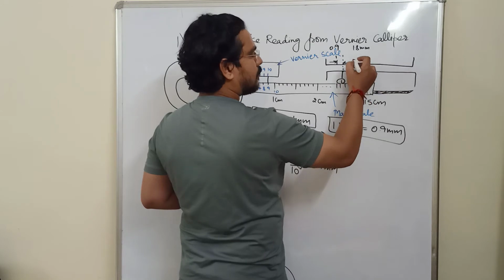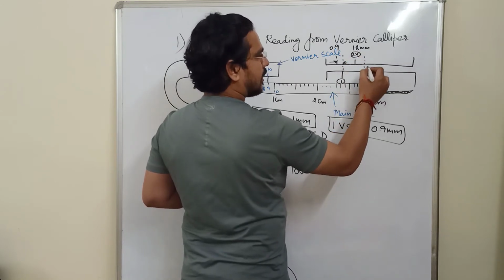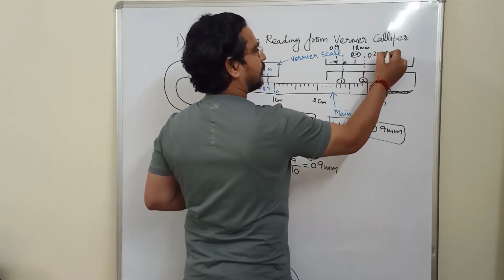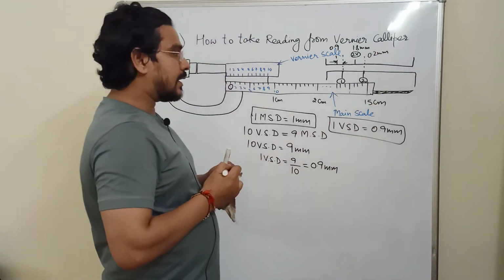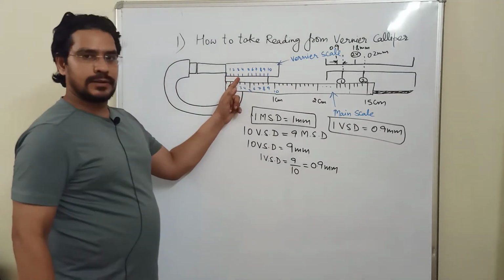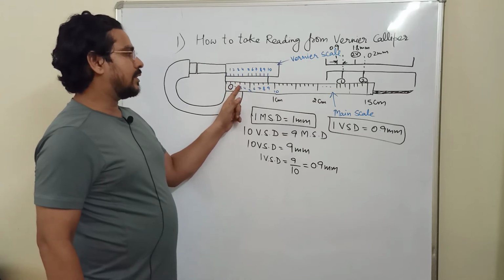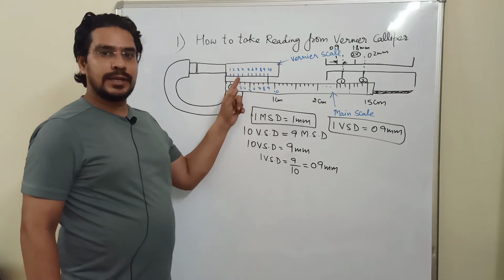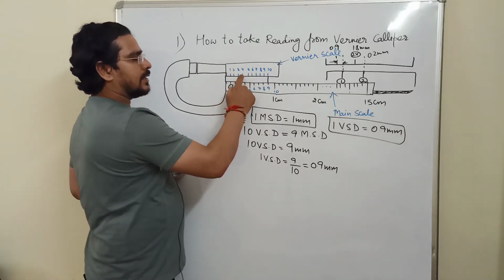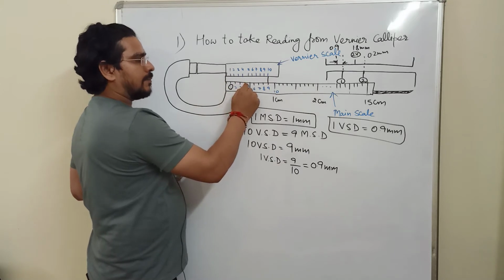So the gap between second vernier division and second main scale division is going to be 0.2 mm. And in the same manner, the gap between third vernier caliper division and third main scale division will be 0.3 mm. Continue this, the fourth division of vernier caliper will be 0.4 mm prior to fourth mm, so it will be at 3.6 mm.